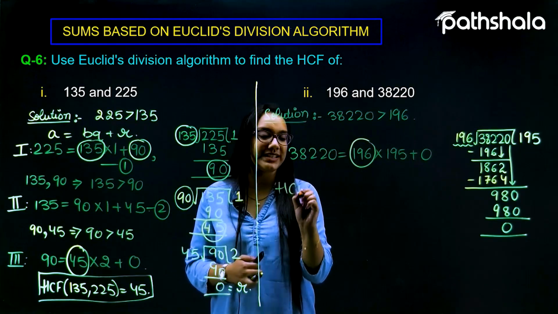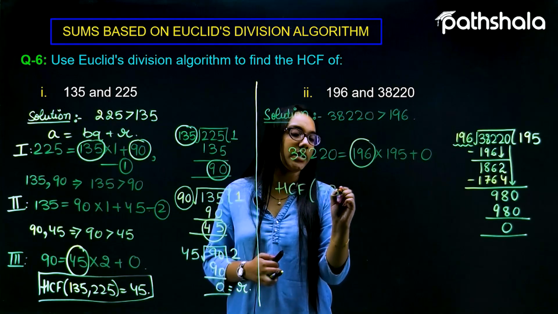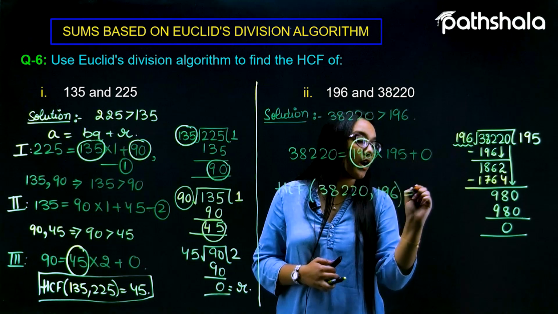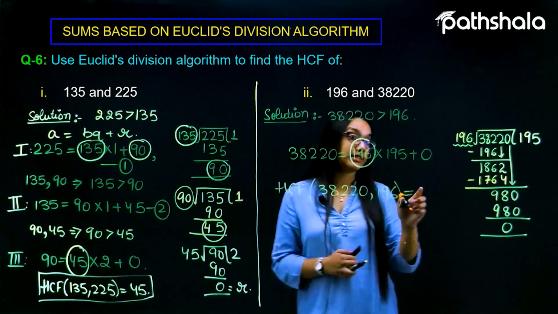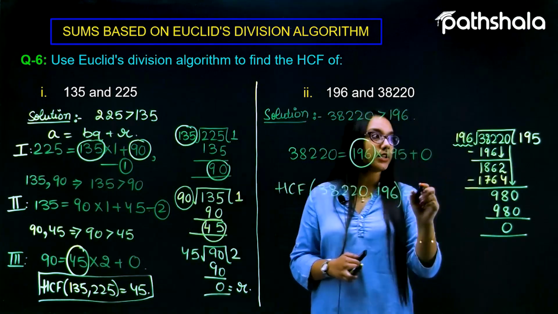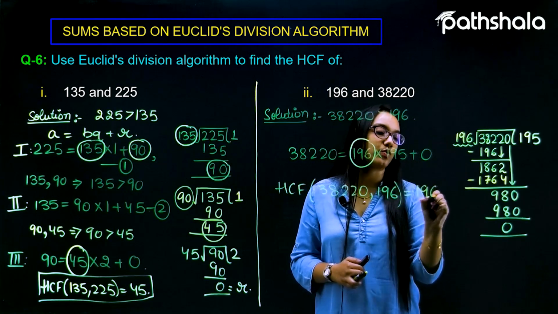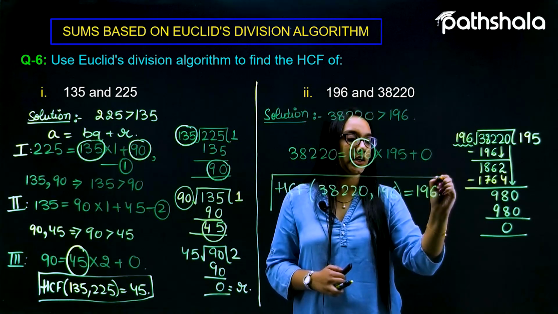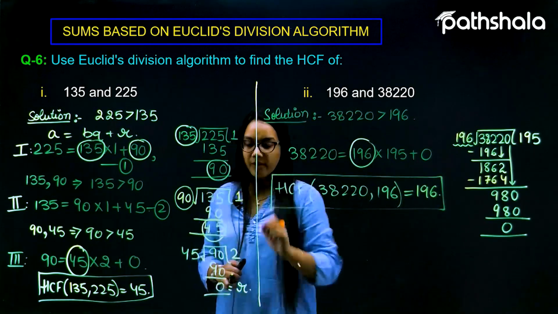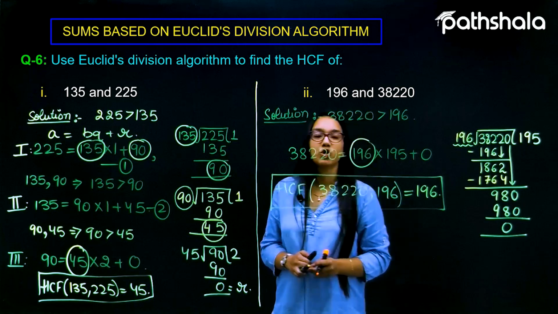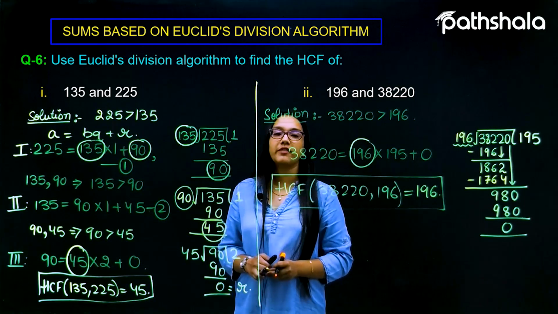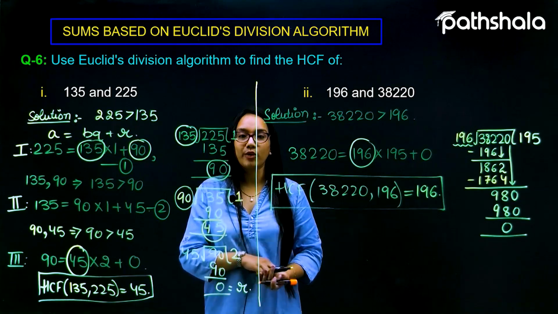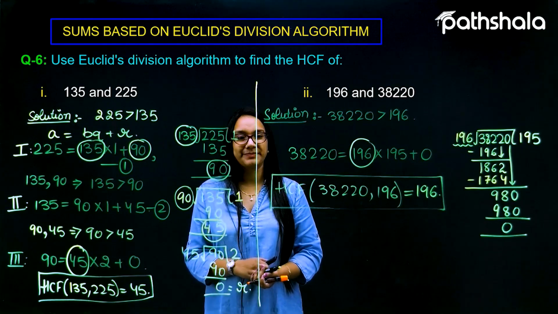So the HCF of the two numbers 38220 and 196 is 196 again. So this is the highest common factor of these two numbers. I hope the solution set of both these questions using the Euclid division algorithm is all clear to you. So this is all about finding out the HCF of the two numbers.